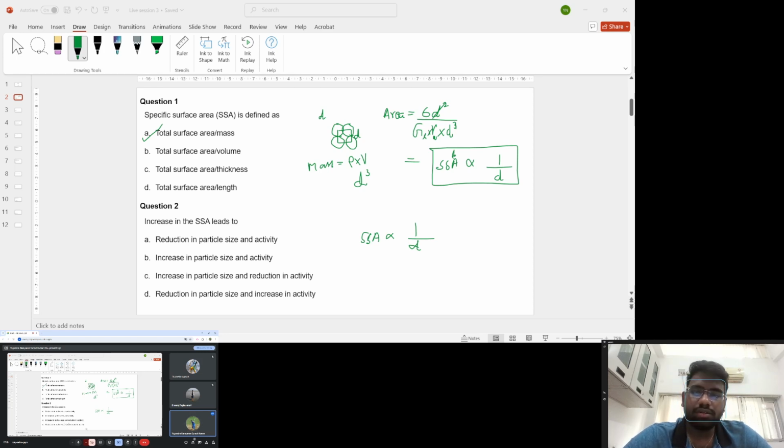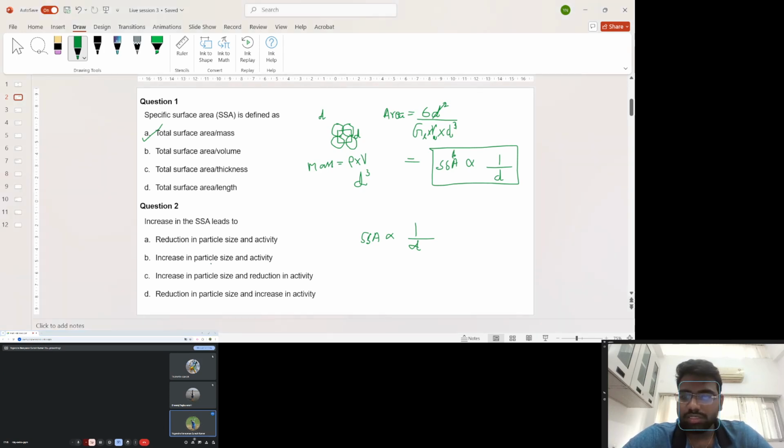How it is defined in geotechnical engineering, the exact definition and how it is computed, we will see most probably next week. Hence, the increase in specific surface area is due to reduction in particle size and it results in increase in activity. So option 4 is right.